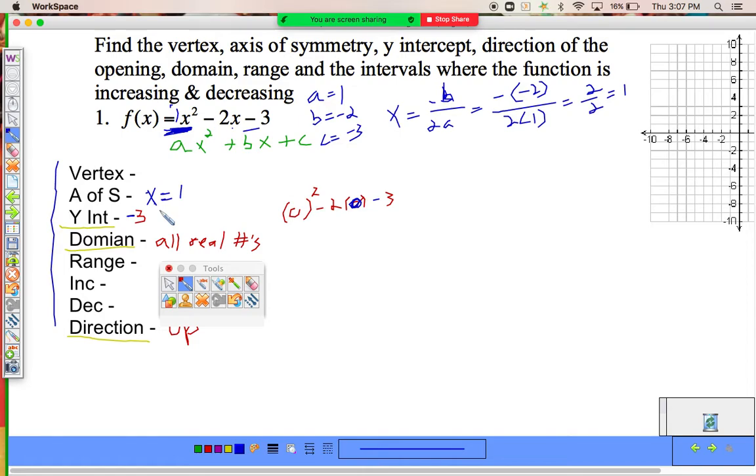And I get an axis of symmetry of x equals 1.